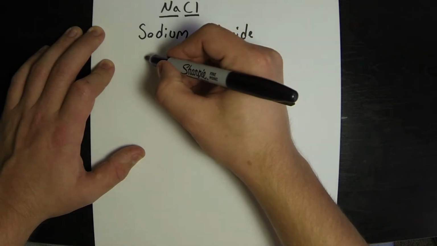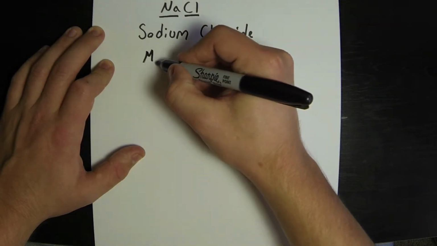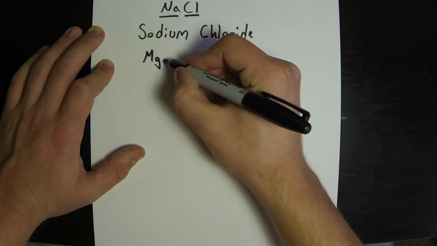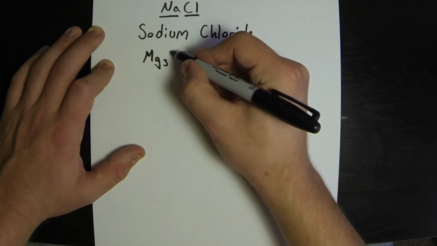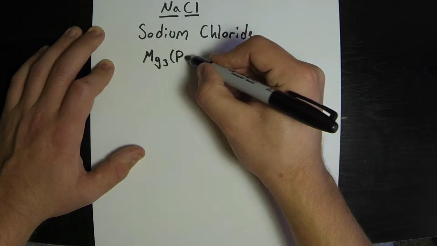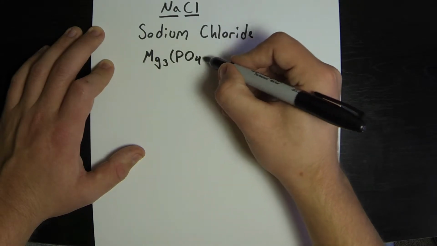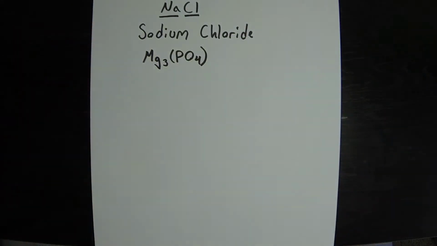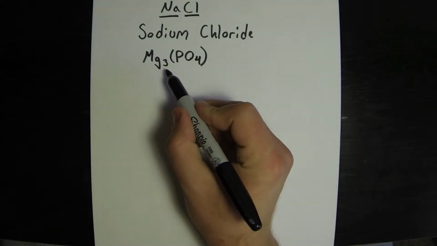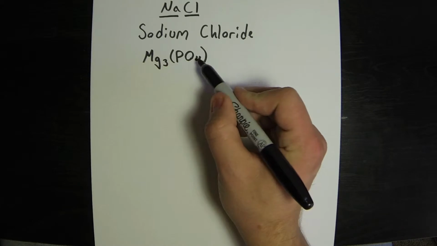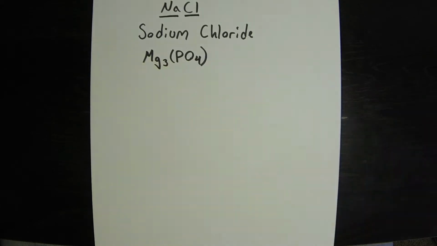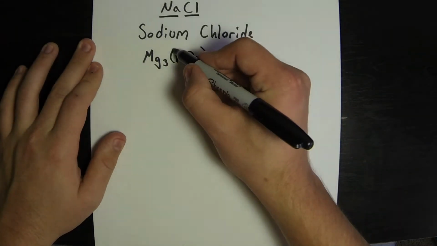So let's do Mg3PO4. Okay, so what's going on here? We've got a subscript 3, and we've got this PO4. What the heck are we doing?